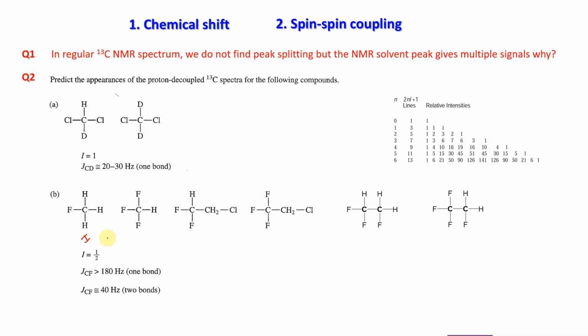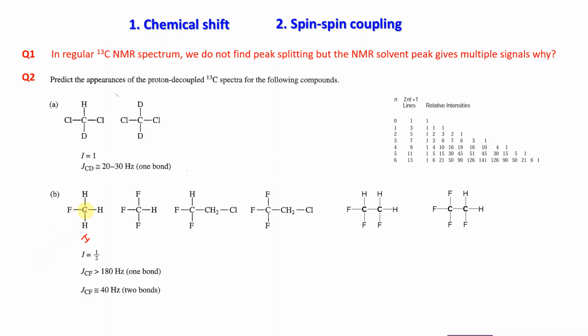So the bottom line is how to come up with the answer, right? Your answer should always be the same. When you are differing with the answers, that means you are not actually coming to the point. How to calculate this? The simple formula we have seen in the last class, 2NI plus 1.